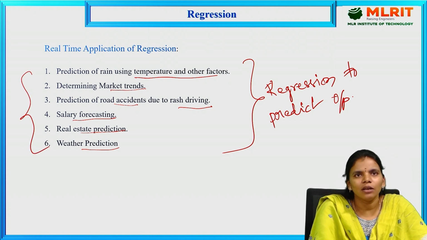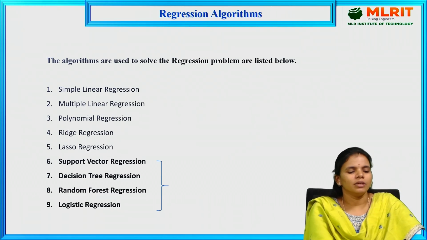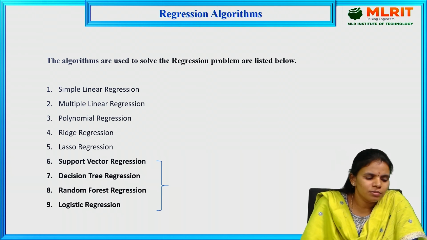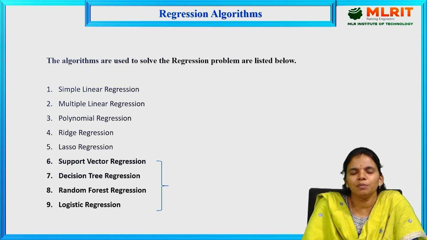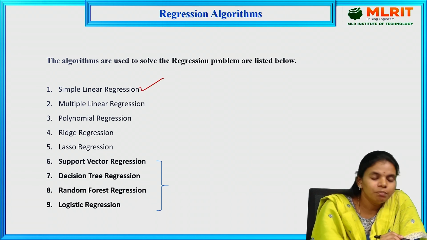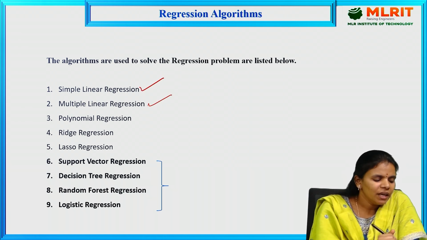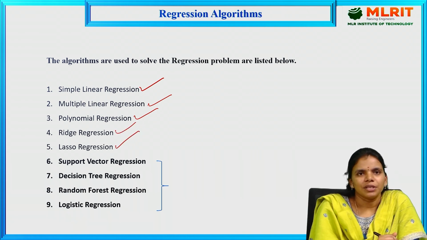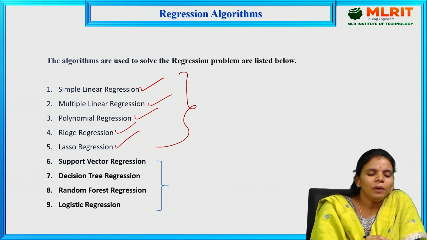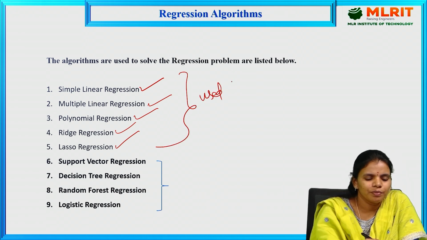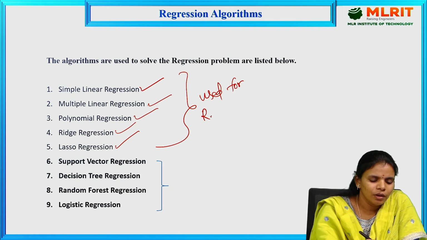Then what are the regression algorithms? These are the regression algorithms which are used to solve regression problems. The first one is simple linear regression, multiple linear regression, polynomial regression, ridge regression, lasso regression. These are completely used for regression problems.